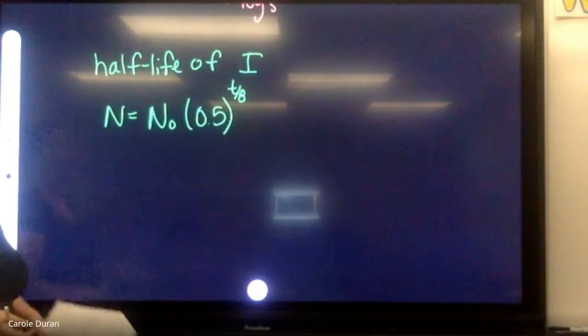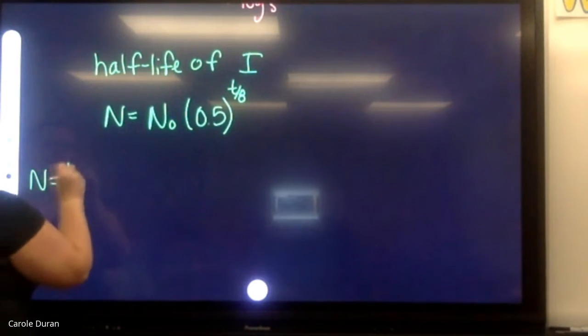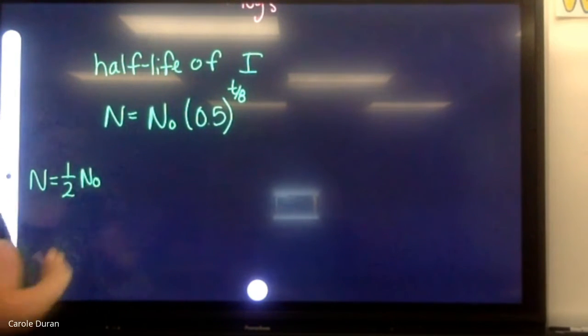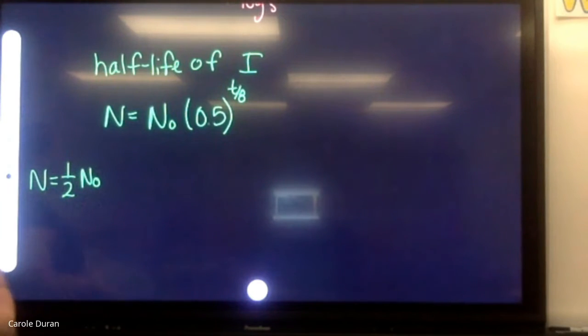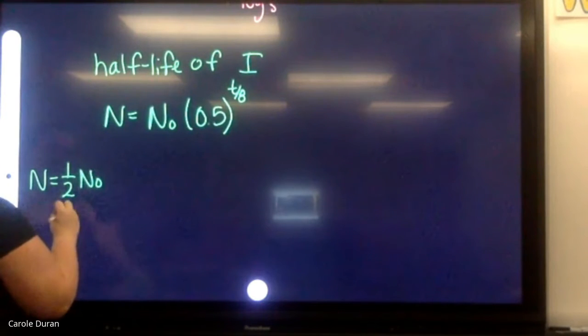If I'm trying to find the half-life, I'm assuming that my amount is going to be 1/2 of whatever amount I originally started with. So I say that n equals 1/2 n naught, or that's the same as n naught over 2.